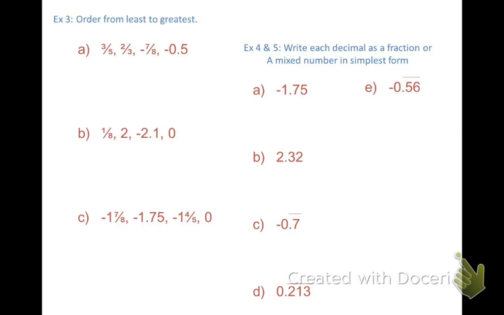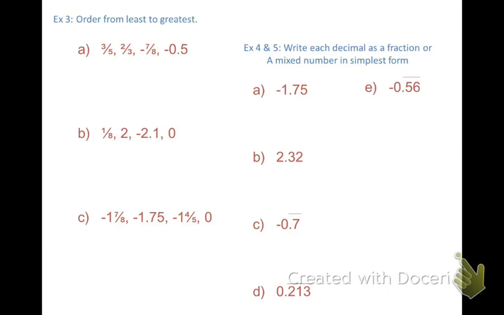All right, let's see the next section. We need to order from least to greatest. Start with your negatives. You can turn 7/8 into a decimal, or you can turn 0.5 into a fraction. I would do the 0.5 into a fraction because everything else is a fraction.